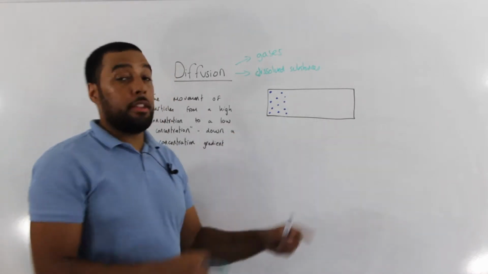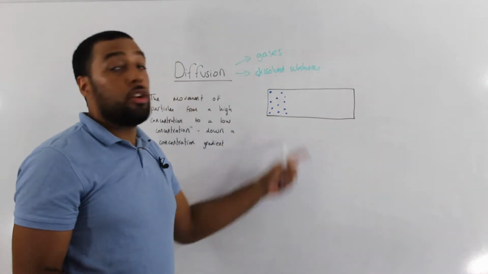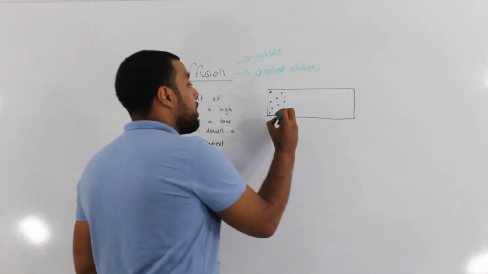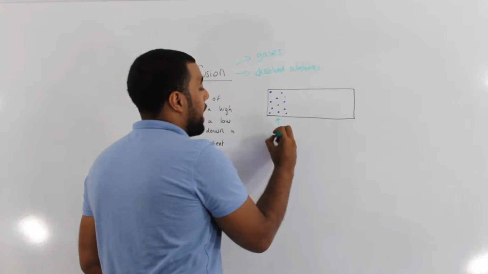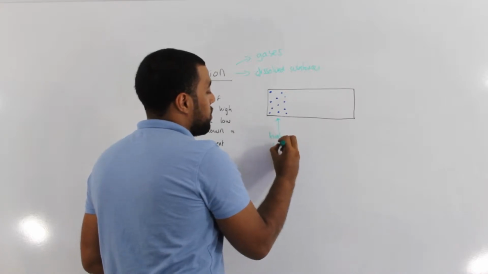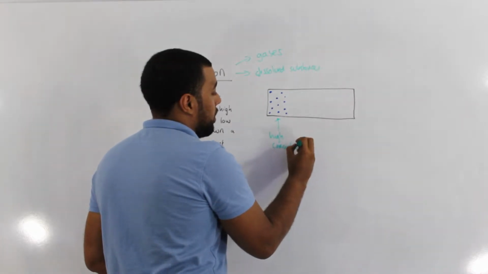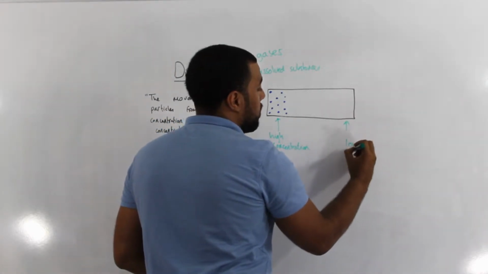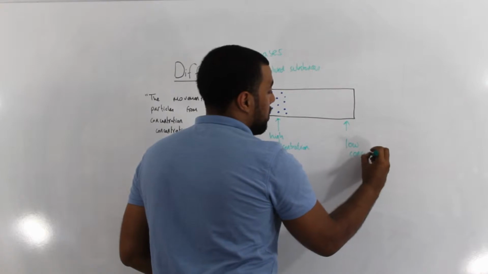Now, this box here represents a concentration gradient, because here we have a high concentration and here we have a low concentration.